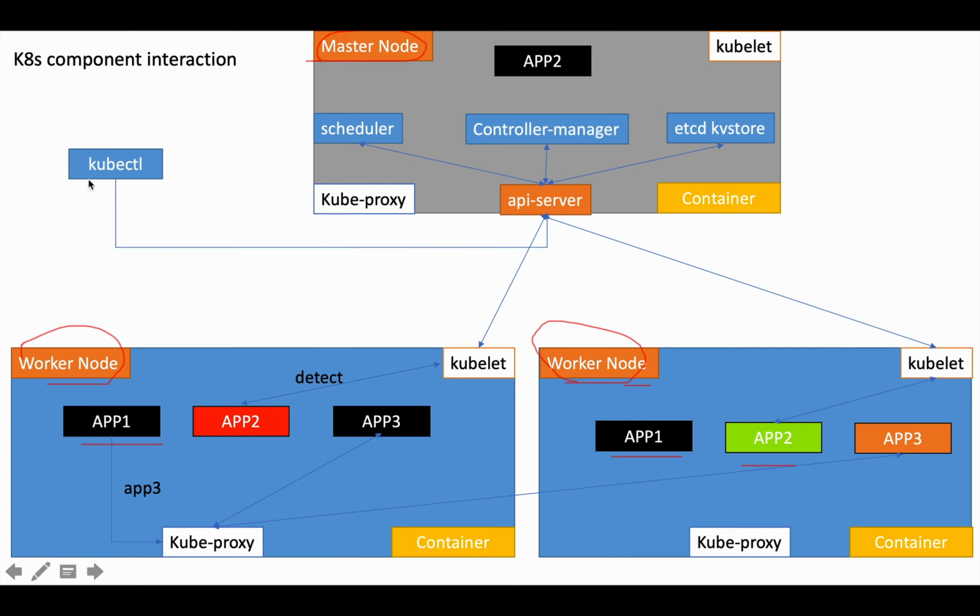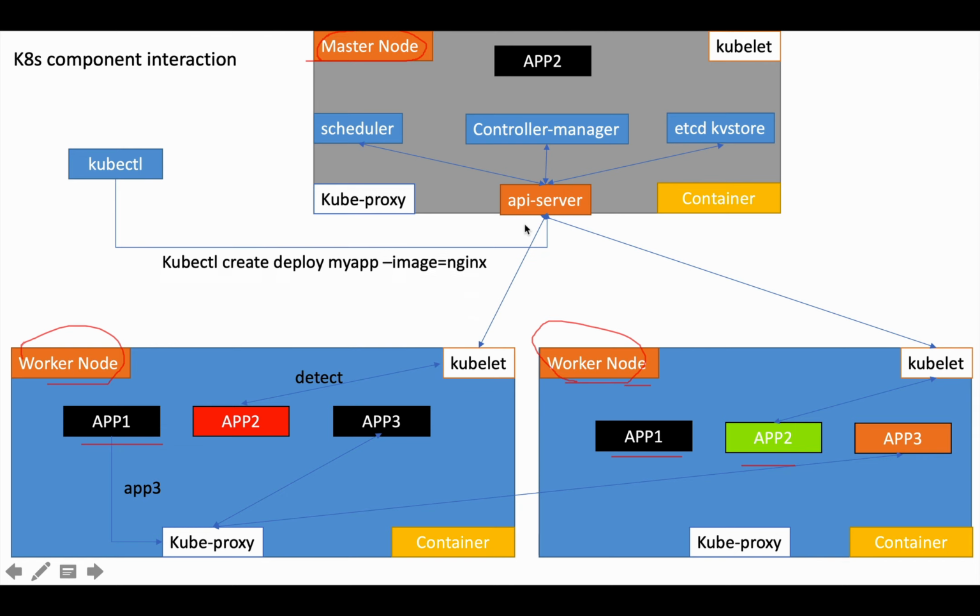Here we know kubectl is a client command, and the real decision maker is the programmer who controls it. So if the programmer wants to interact with the Kubernetes cluster, the kubectl command interacts with the secretary, the API server.